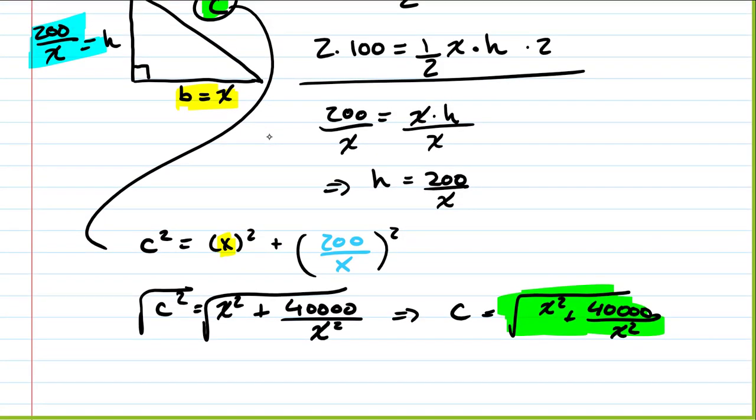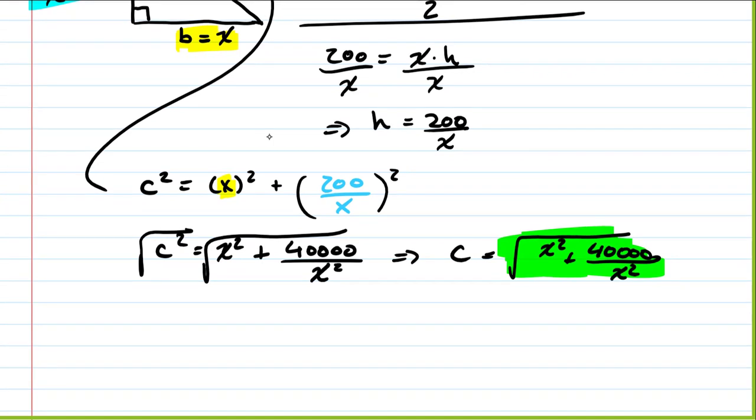So to find the perimeter, what do we do? We add up all three sides. So the perimeter is the sum of all the sides.